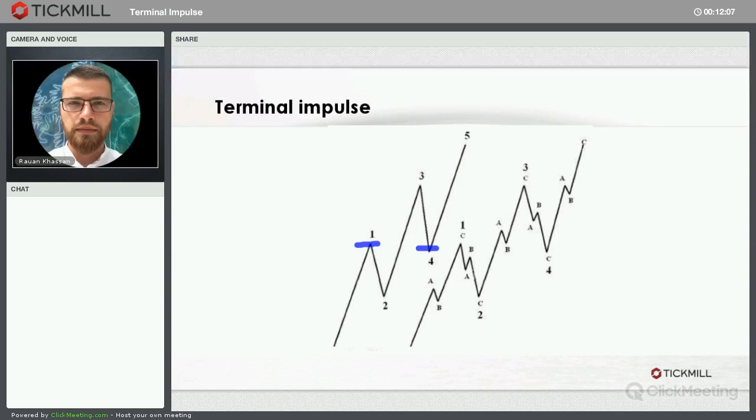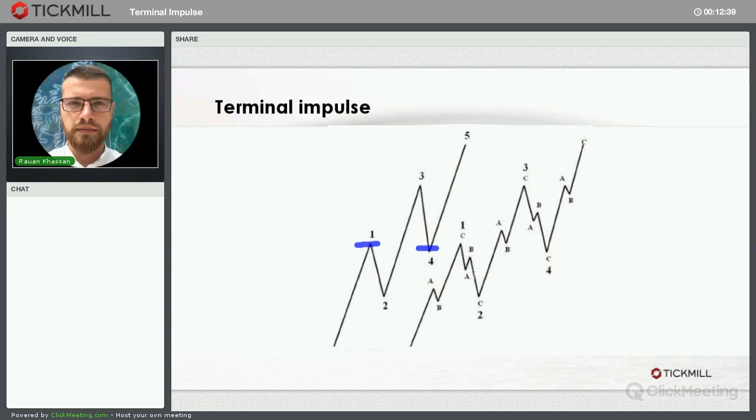So this inner structure may be represented as 3-3-3-3-3, which is quite similar to the inner structure of a triangle model. But the difference between terminal impulse and triangle is that terminal impulse is a continuation of a trend movement, whereas a triangle may only represent a correction model for the trend.